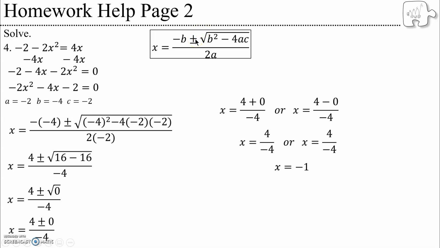A lot of the time on tests like the SAT, they'll give you a trick question just asking how many answers it has, and some people will go through the entire equation. But if you remember the importance of the discriminant, you can take a little shortcut and just figure out that part of the equation.